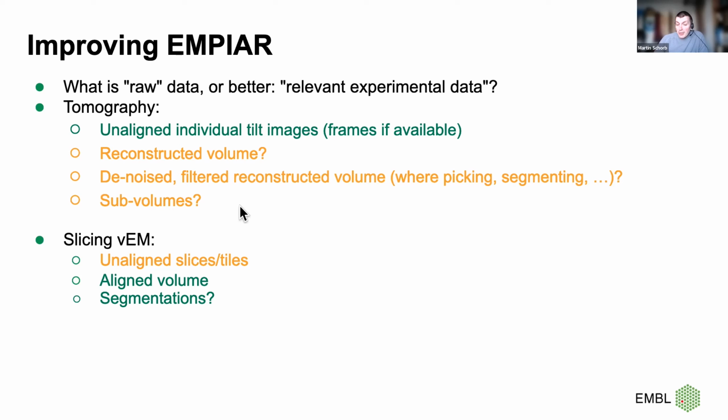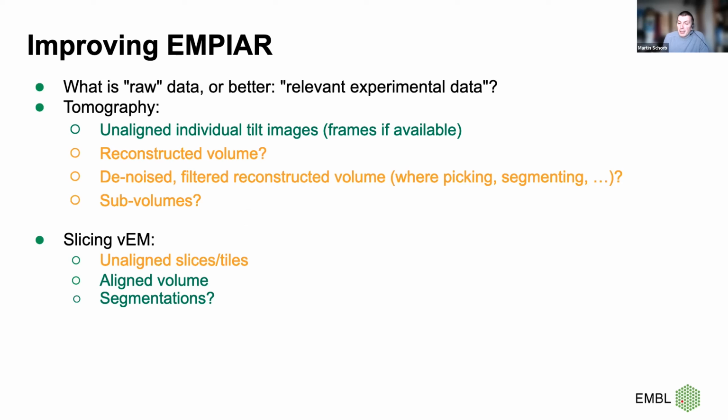And the same is actually true for slicing volume EM, where you acquire a lot of 2D images of individual slices, and then you analyze the volume. So is the raw data, which is unaligned slices, or even tiles, if you have multiple tiles in 2D that you acquire, really useful to have available, or is it enough to just upload the aligned volume, because that's what you look at?